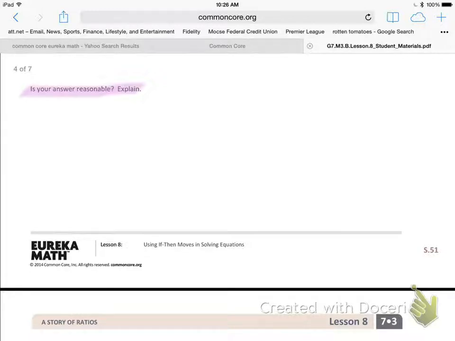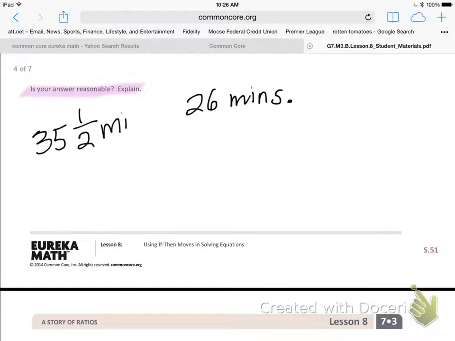Okay, well, our answer was 26 minutes that she took to drive. So if we figure that the making the bed, the getting dressed, and the breakfast took 35.5 minutes, it would make sense that the drive would be 26 minutes.